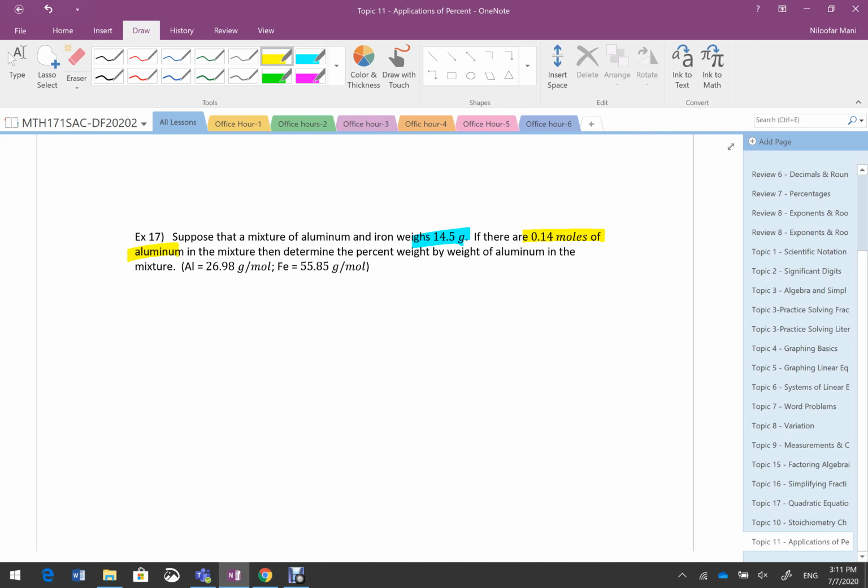Okay, so it says percent W by W. I want percent W by W. But what do I have? I have molarity. What do I mean by molarity? 0.14 mole aluminum.